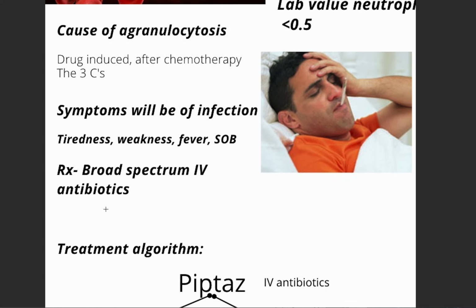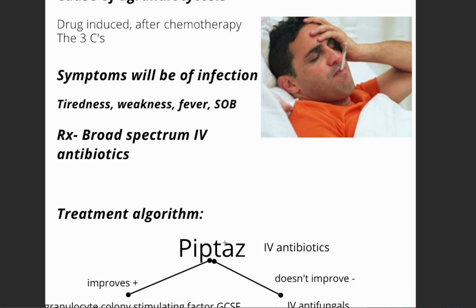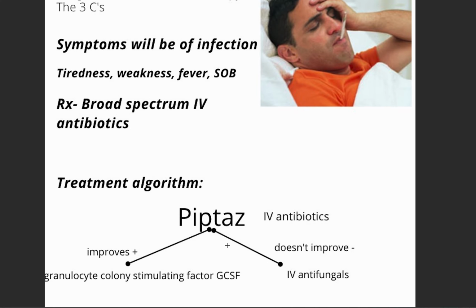The treatment algorithm starts off with giving piperacillin and tazobactam, which are broad-spectrum IV antibiotics. If the patient responds and their neutrophil count rises again and the patient improves, you can then give a GCSF, which is granulocyte colony stimulating factor, to start to try and trigger the production of these granulocytes.